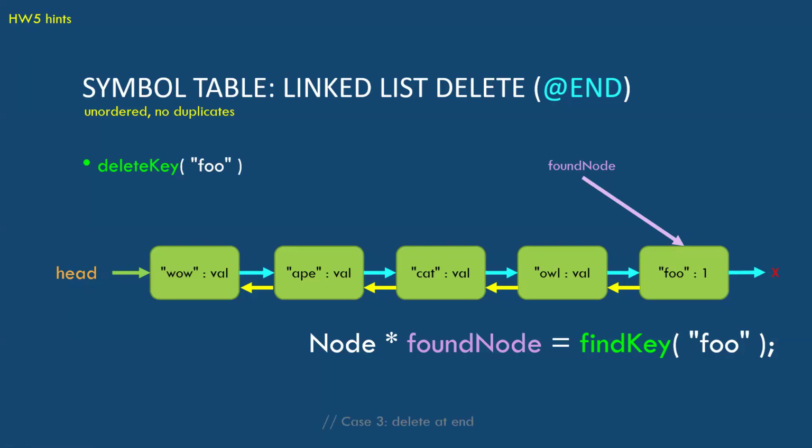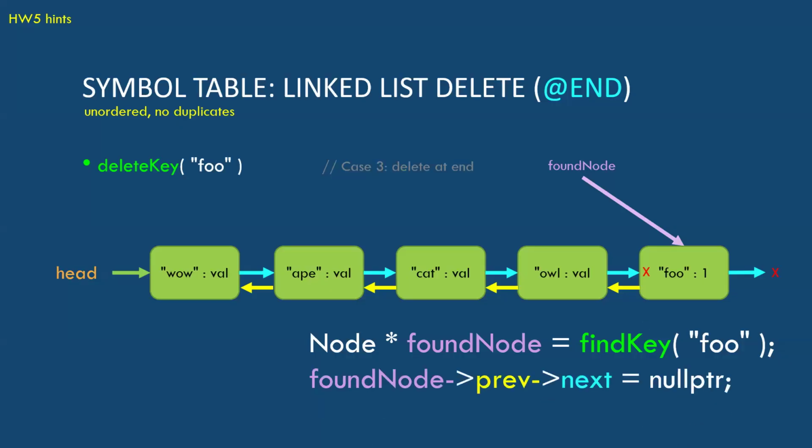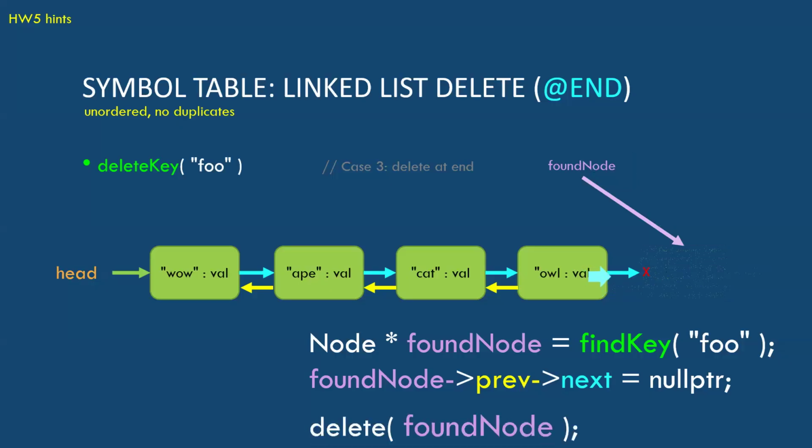If I'm at the end, I say found previous next gets null, and then delete found node.